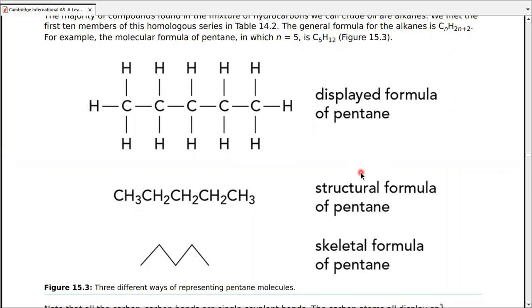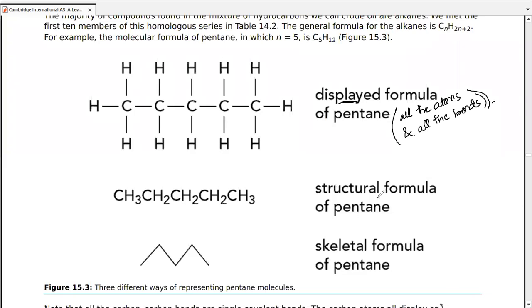But most of the time, they either come up with displayed or structural formula, or they explain the term displayed by using the phrase all the atoms and all the bonds. That is the phrase we commonly use to explain what the term displayed formula means.